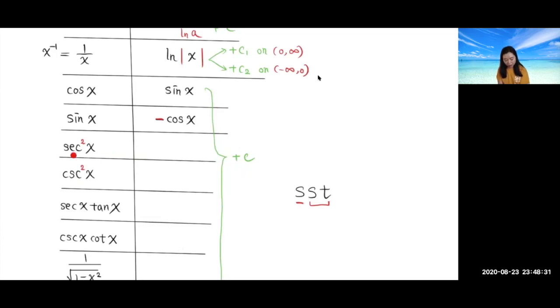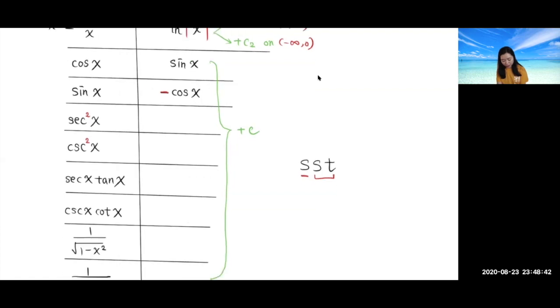Now, what about secant squared x? What function, when you differentiate, will give you secant squared of x? Now, remember the derivative of tangent is secant squared. So the antiderivative of secant squared will be tangent of x.